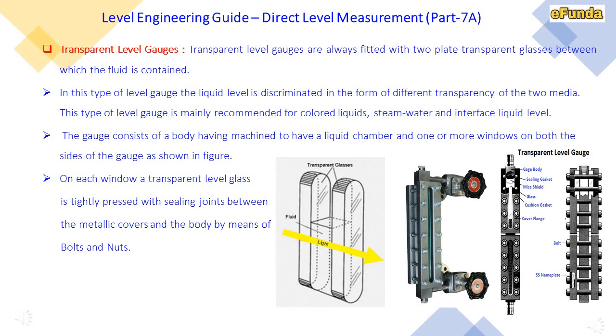When the liquid is filled, the light can pass through the liquid, where we can identify the liquid level inside the chamber where two transparent glasses are mounted. This is how the transparent level gauges work.